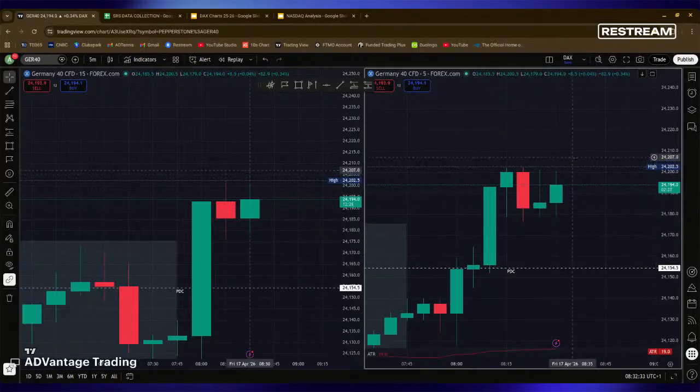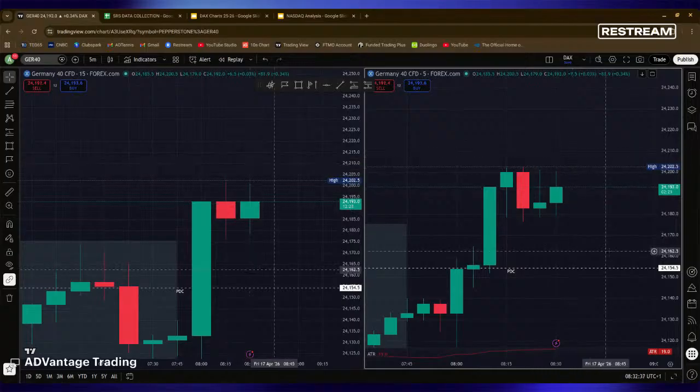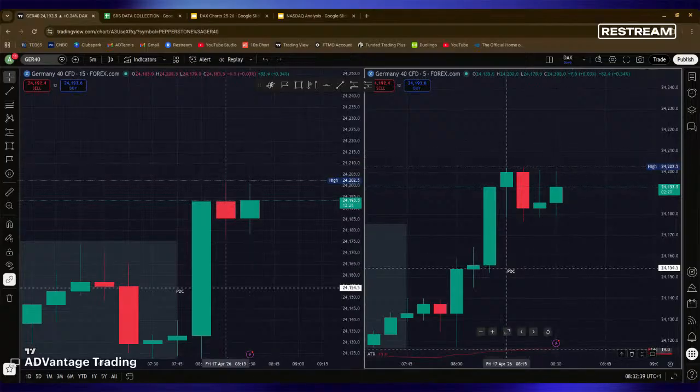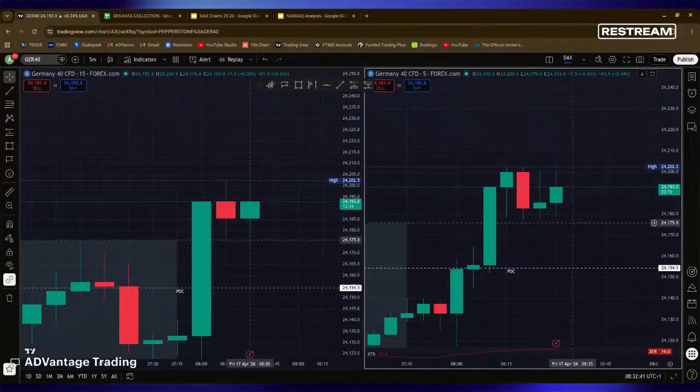What I don't want the market to do is make a higher high, and then sellers just come straight in, and I get stopped out within seconds. But the buy order is set below the school run bar.